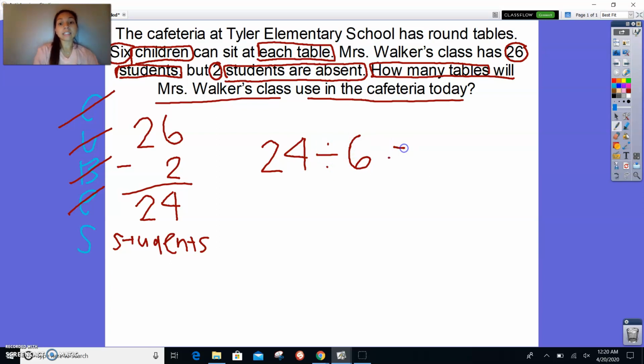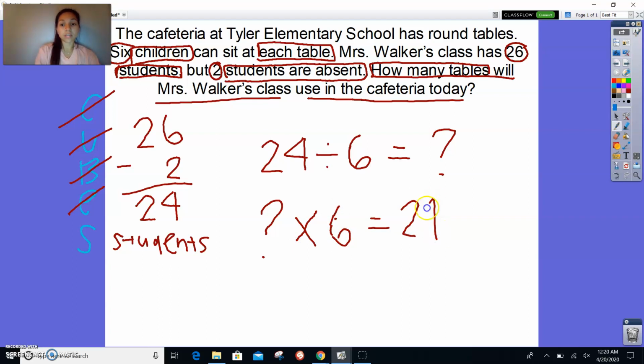Okay? I can flip this to a multiplication. So I can say, what times 6 equals 24? And if I can remember my multiplication, I know that this blank right here is going to give me, oh, not 2, I'm sorry, it's going to give me 4.